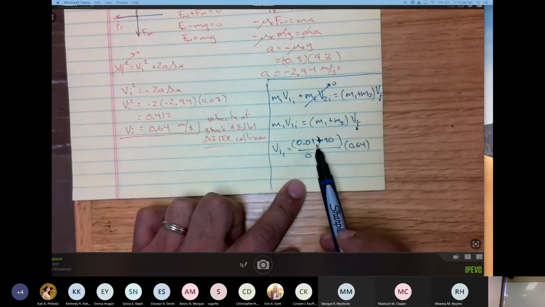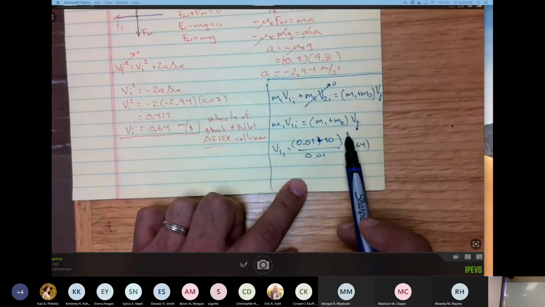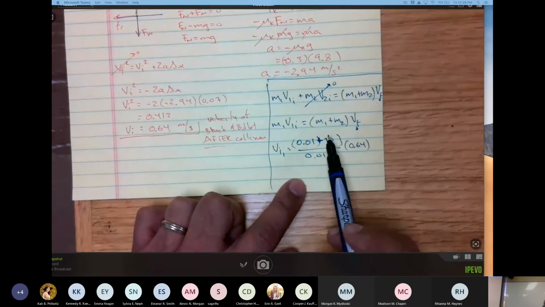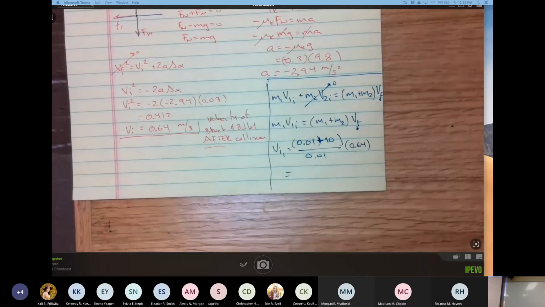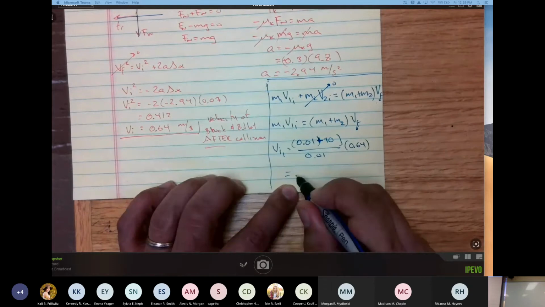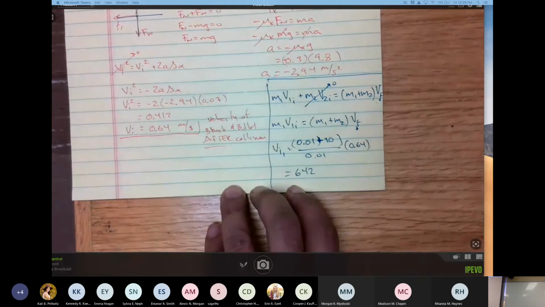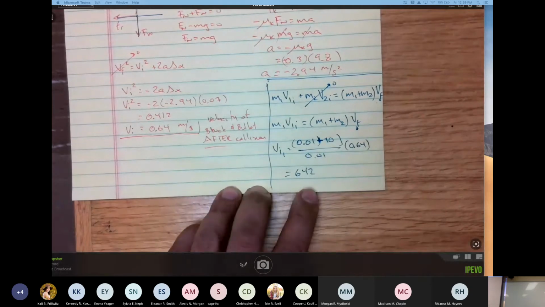I'm going to leave it just so you guys know what happened to that mass. That's not always the case. And from there, I get a velocity of 642.2 meters per second.